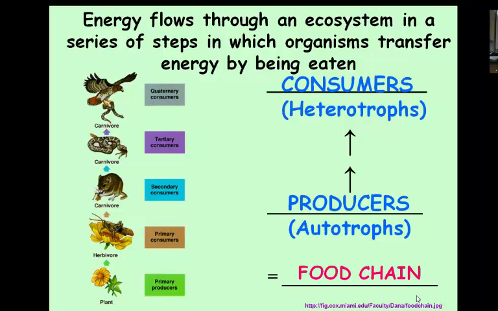Some kind of rodent eating the cricket. Then you would go into the tertiary consumers, which are the snakes, and then from tertiary to quaternary. The arrows would all be drawn towards where the energy is flowing.